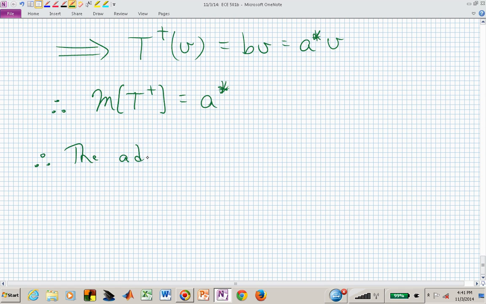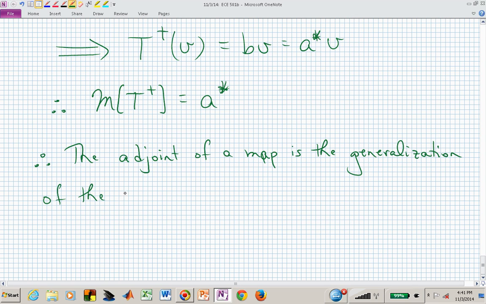Or the adjoint map, or the adjoint of a map, is the generalization of the complex conjugate of a complex number.